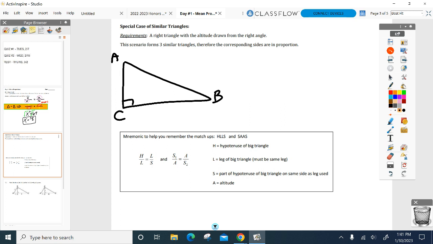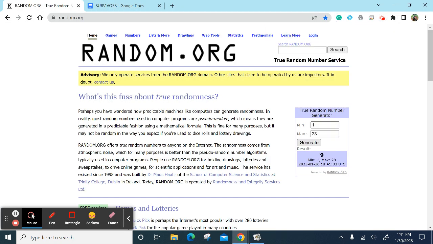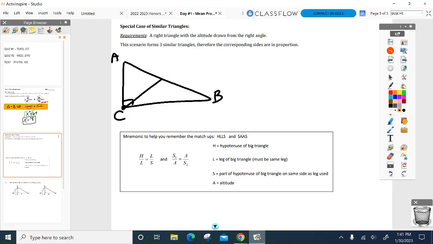From vertex C, draw an altitude to AB with the correct markings. What markings are you putting on your diagram if I just said that was an altitude? Right angles. And let's call that point of intersection on AB point D.